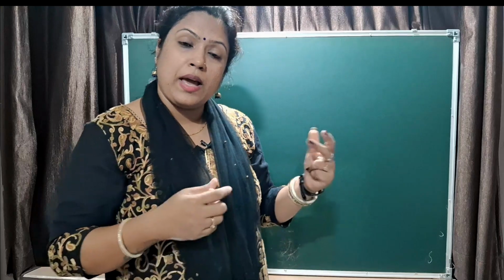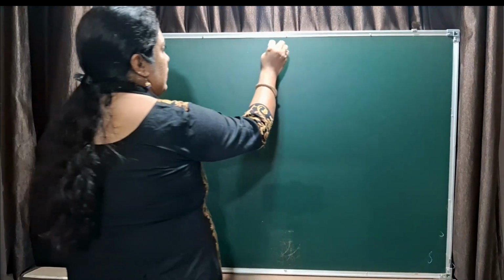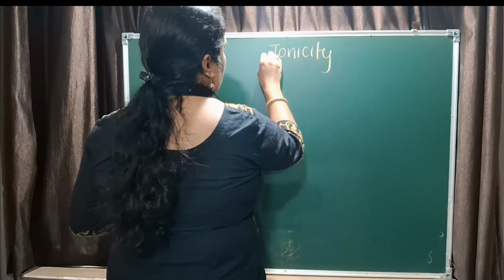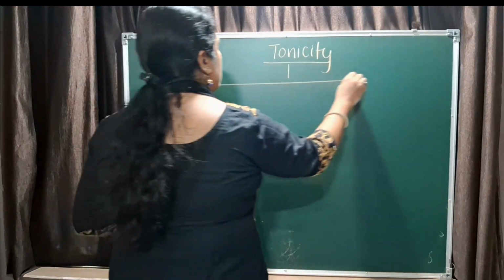Now, based on the concentration of the liquid and the cells present, the liquid can be classified into 3 parts. So you can have 3 types of tonicity.